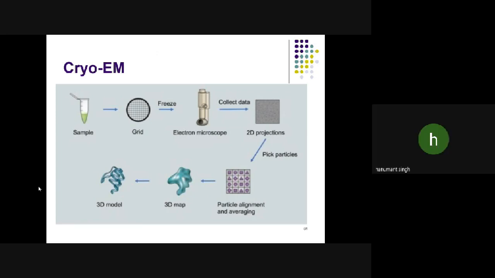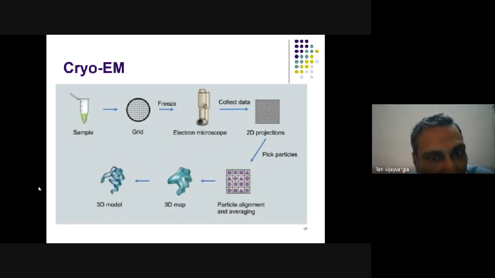Sir, one more question in this regard. While doing the sample preparation with the grid, how do you maintain such a low temperature? The grid is normally immersed in liquid nitrogen, so it is already at several degrees below zero.